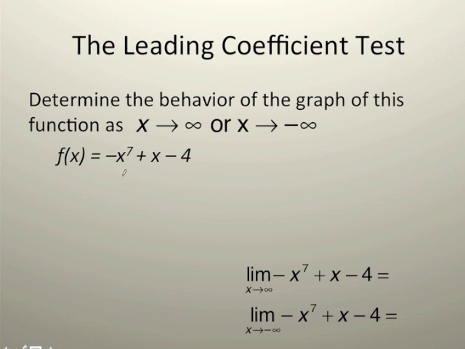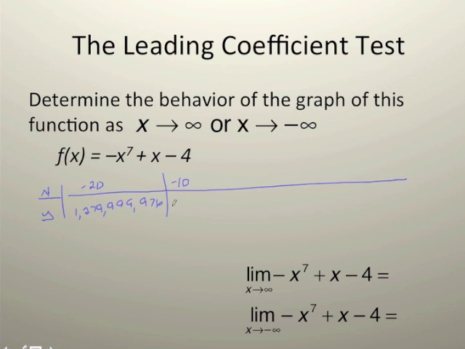Good. We have negative x to the 7th plus x minus 4. So here's my x, here's my y. I'm going to start with negative 20, and that's 1,279,999,976.